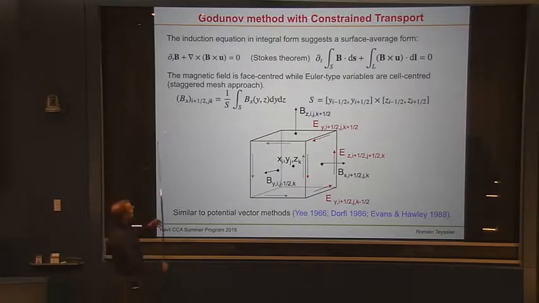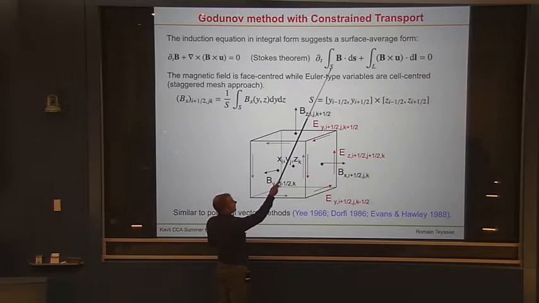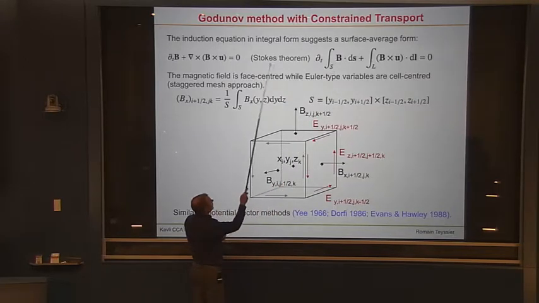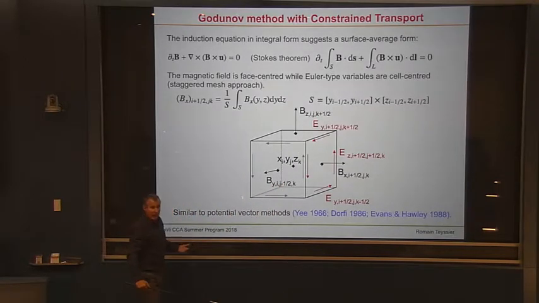And what is that? Because actually the induction equation, it's much more natural to reformulate it in an integral form using a surface element for the field. Why? Because you can use Stokes' theorem, right? And Stokes' theorem in this case is a much more natural integral form of the induction equation than the divergence theorem, which is a volume-based approach, right?